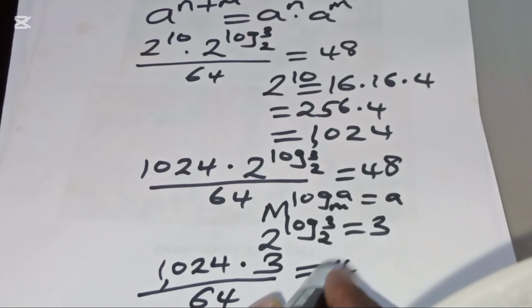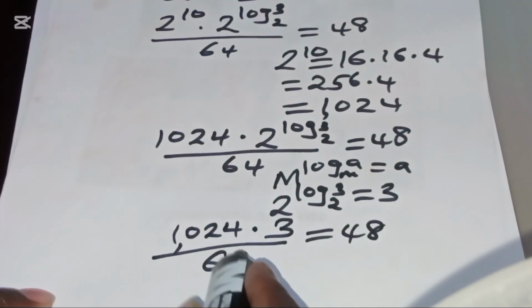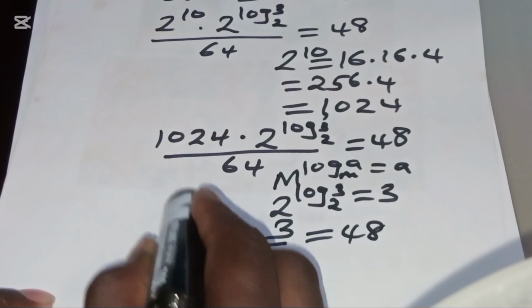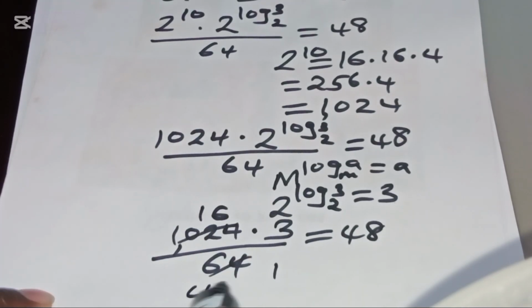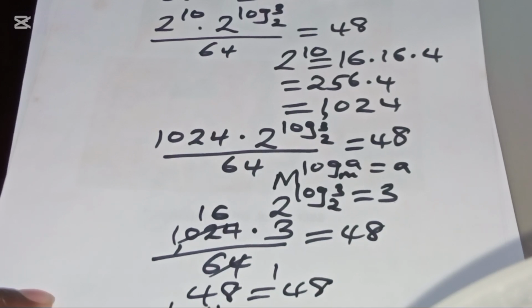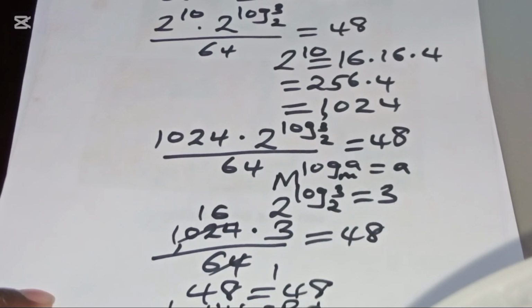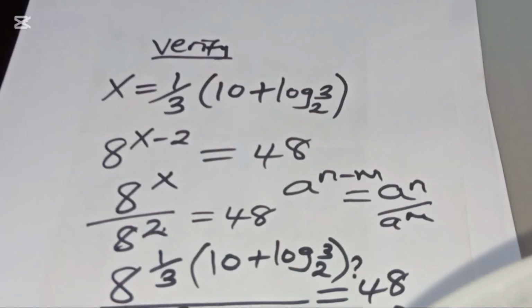This is supposed to give us a value of 48. All right, so let's simplify here. 64 into 1024 gives 16. So we'll have 16 times 3, which is actually 48, and that means that the left hand side is equal to the right hand side. And that essentially affirms that the value of x, which is a third into the parentheses 10 plus log 3 to base 2, actually satisfies the equation.